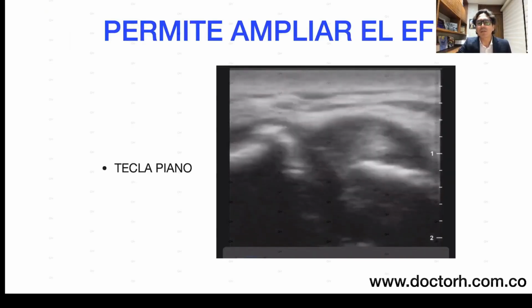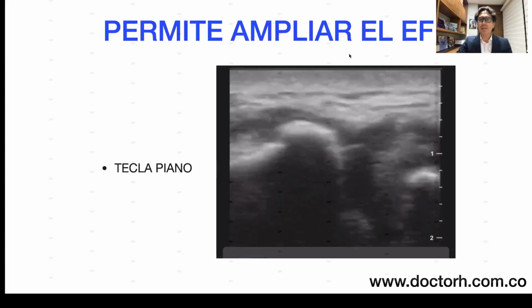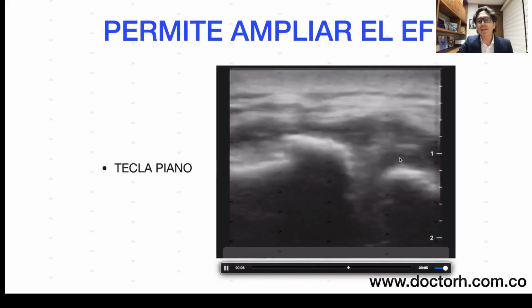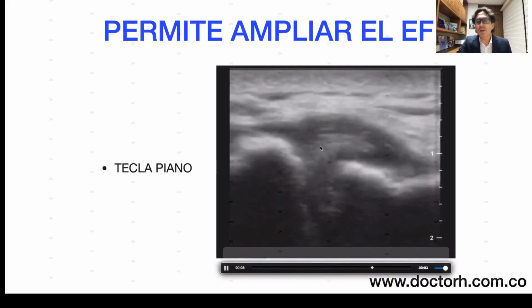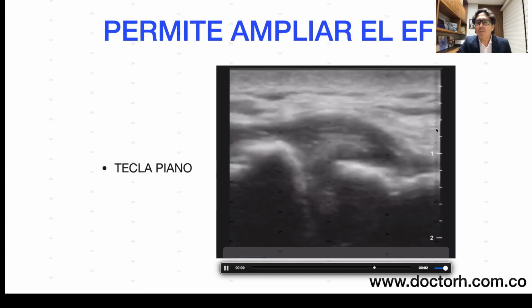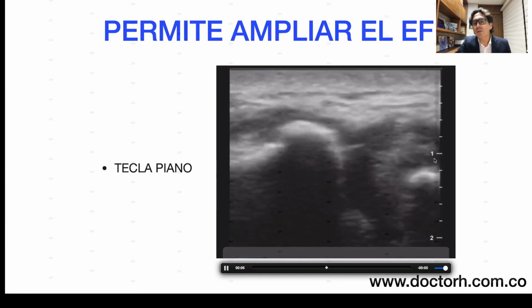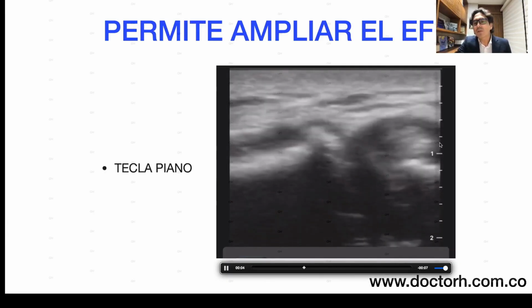However, I also think that in semiology there's a huge space for this, as well as in research, because signs that have always been very subjective, like the piano key sign on a clavicle, where you always just estimate and your brain tells you it's 1 centimeter, 2 centimeters, grade 1, grade 2, grade 3.